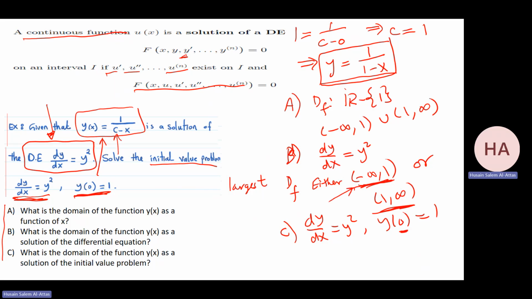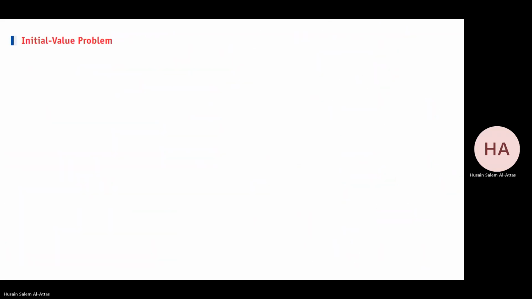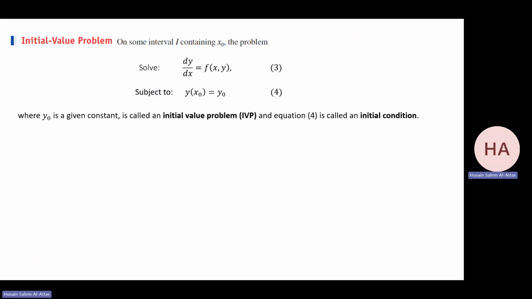So the domain here will be minus infinity to 1. Because I'm not only looking for the function satisfying the differential equation, but also satisfying this condition, which means it passes through the point (0, 1). That means I need x to be 0, so I'll take this interval, not the other one. So this is what we call an initial value problem.